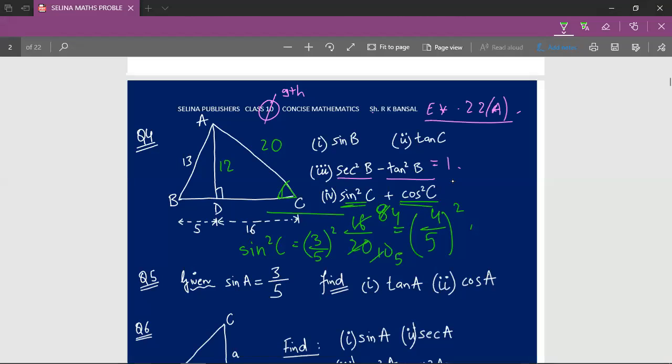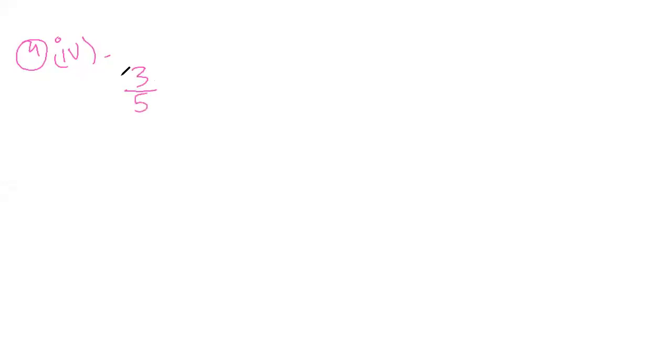So 3 upon 5 whole square plus cos square C, that is 4 upon 5 whole square, is equal to 3 square upon 5 square plus 4 square upon 5 square.